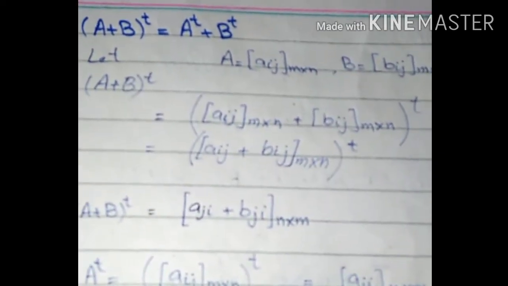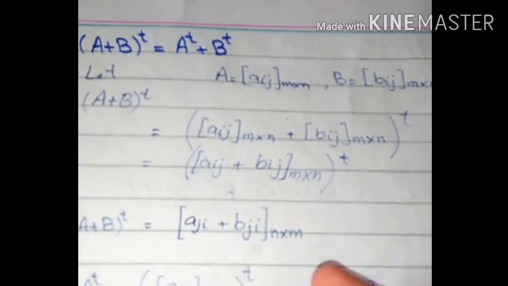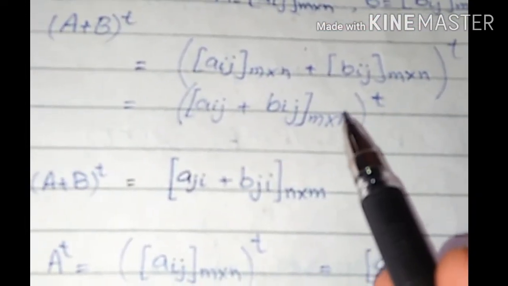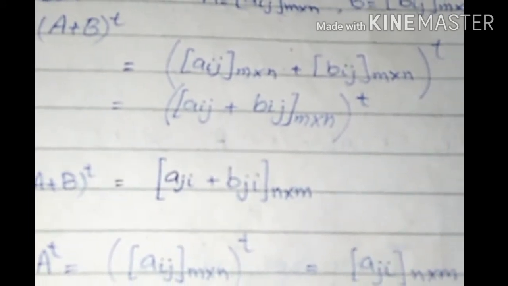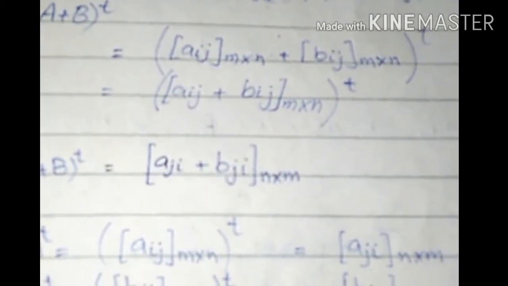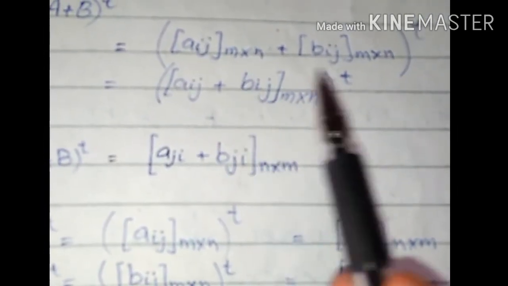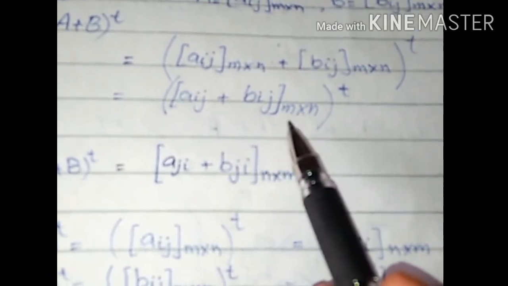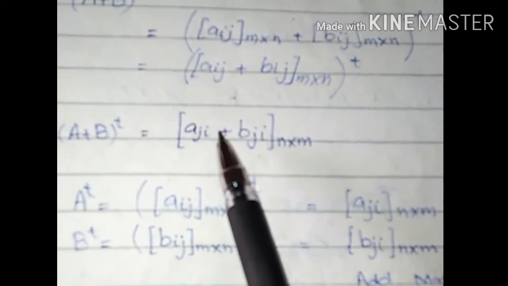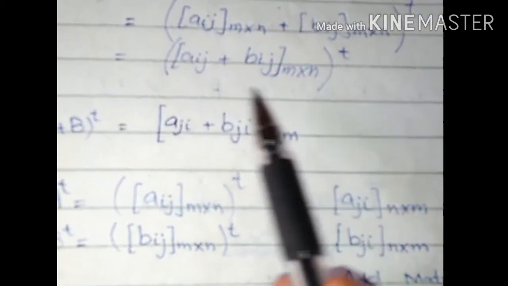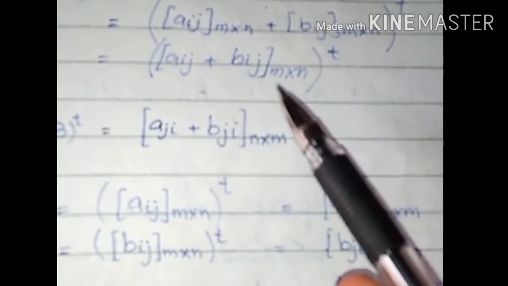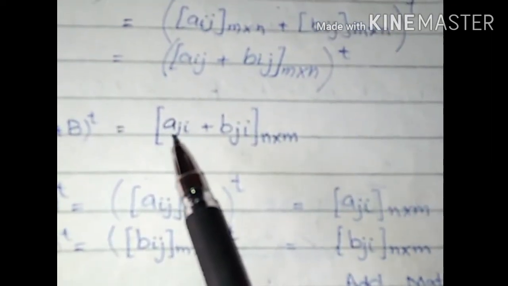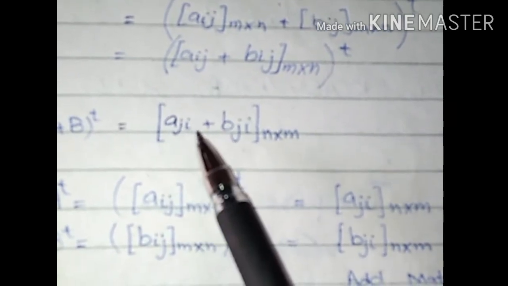If two matrices have the same order, then we can add. If two matrices do not have the same order, then we cannot add. So we can easily add because they have the same order, (a_ij plus b_ij) with order m cross n whole transpose. So on the left hand side we can take the transpose, ij into ji. We can convert rows into columns and columns into rows.